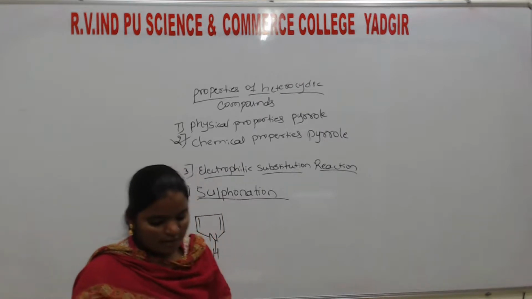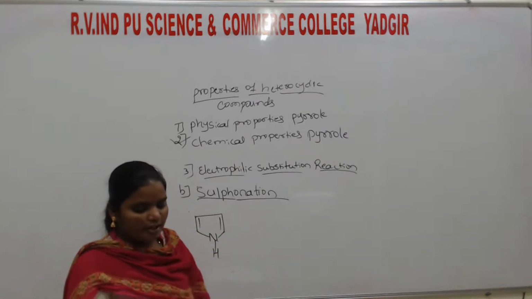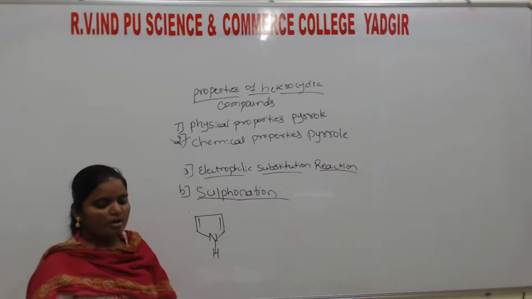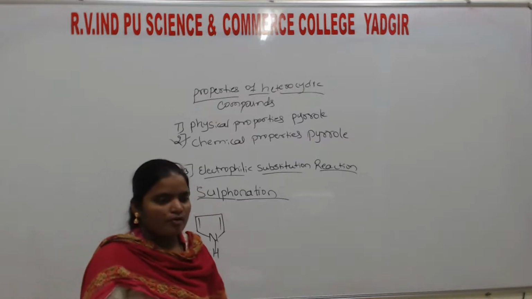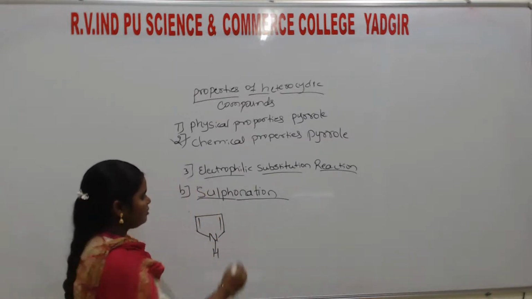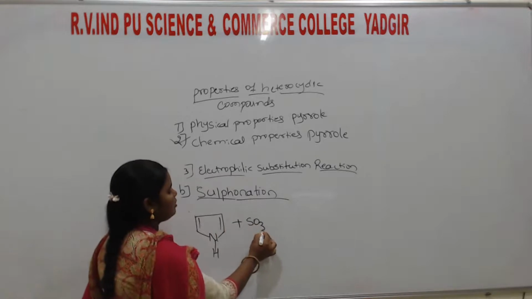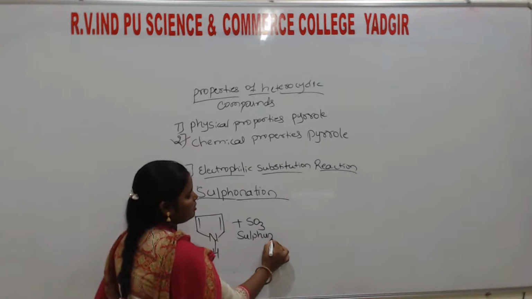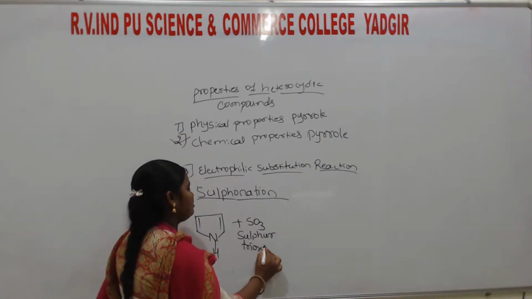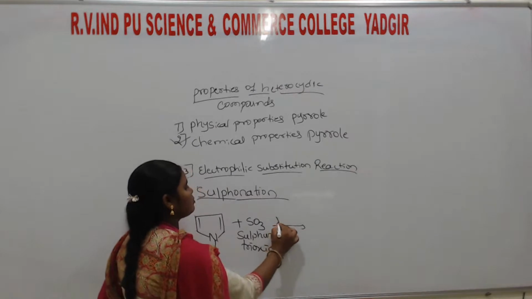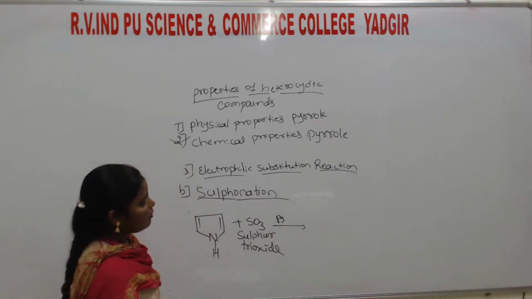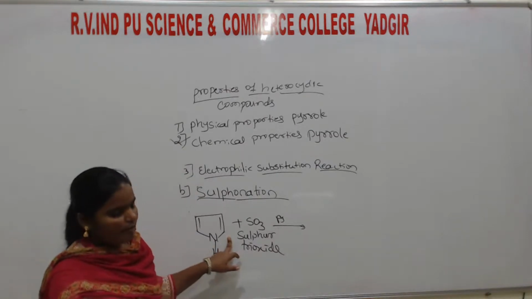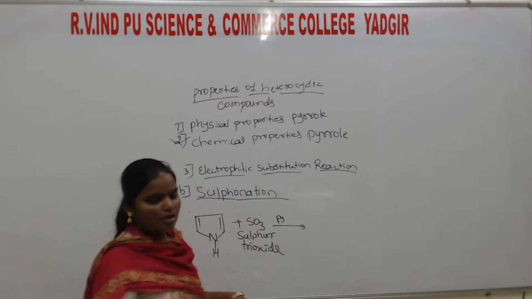Pyrrole is treated with sulfur trioxide in the presence of pyridine, and it undergoes substitution reaction to give pyrrole-2-sulfonic acid.